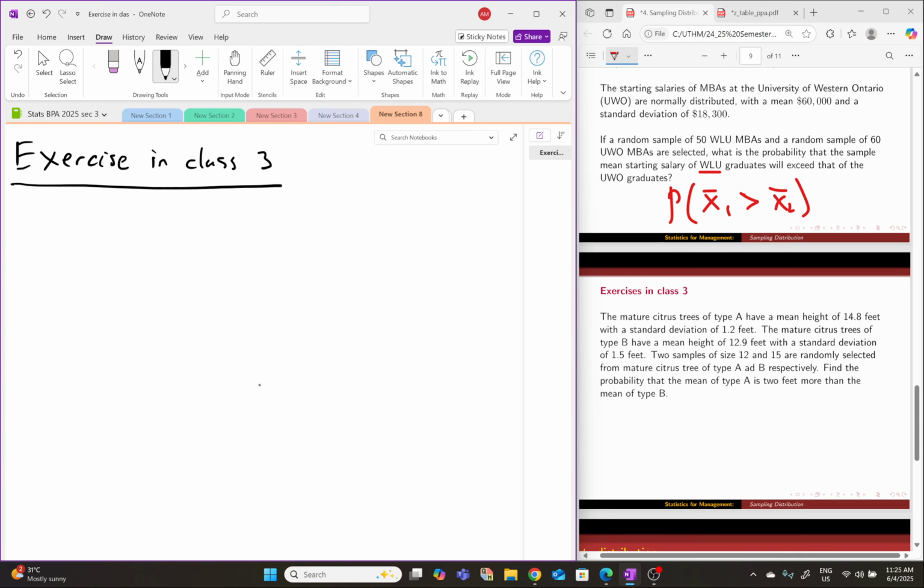So you can read that. Find the probability that mean type of A is 2 feet more. So this is something to do with the citrus tree.